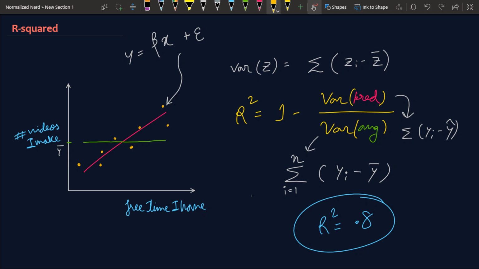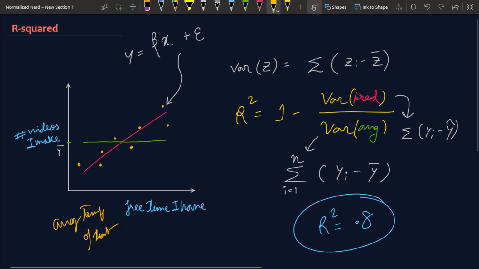Now to give you an example, I am taking the same fake dataset as my example. Okay, so here suppose I am adding a new feature, that is the average temperature of that month. Now obviously this average temperature has nothing to do with the number of videos I make in that month.